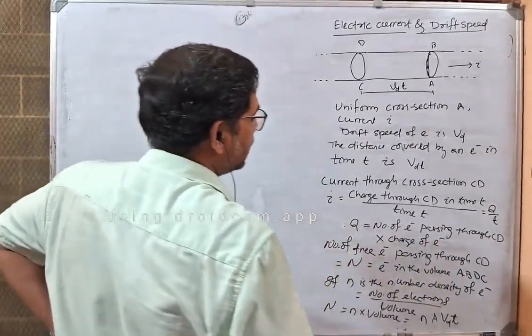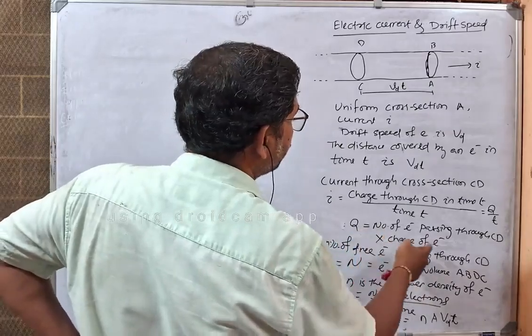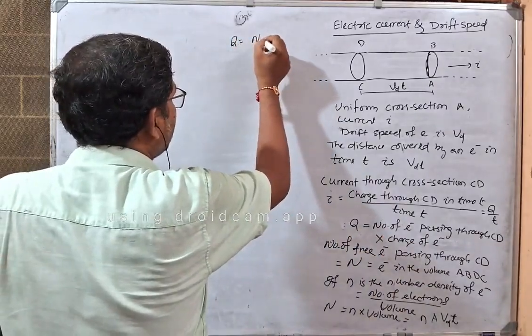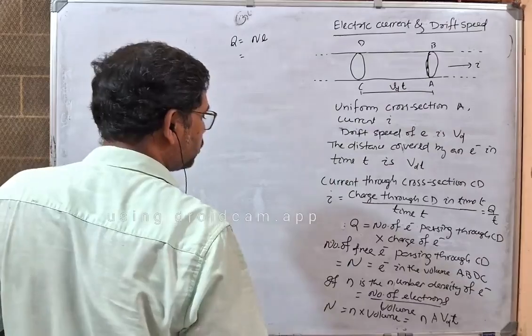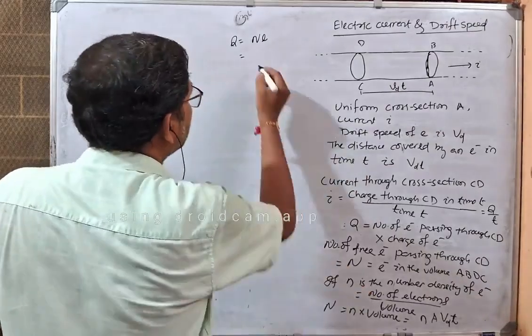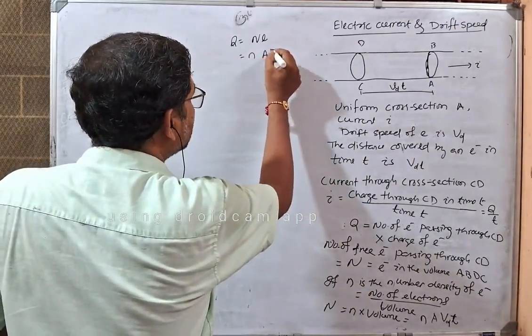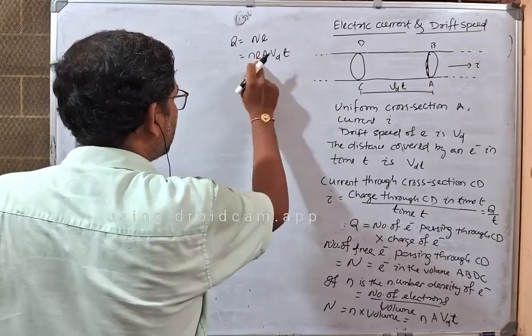I got N. If I got N, then what is Q? Q is equal to N into e, the number of electrons in this volume into the charge of the electron. So the number of electrons is n A Vd t, and I write the e here: n e A Vd t.